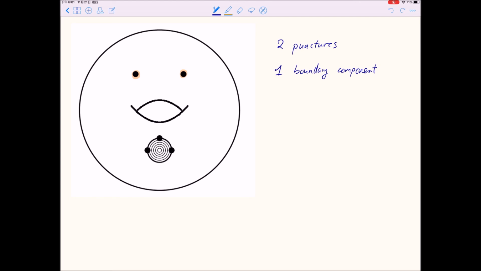And altogether there are 5 marked points. 3 of them lie on the boundary component. And in this case, we treat this as a torus. So the genus of this surface is 1. So it is a torus where you cut out a hole and you put 3 points on the boundary and 2 points in the interior.